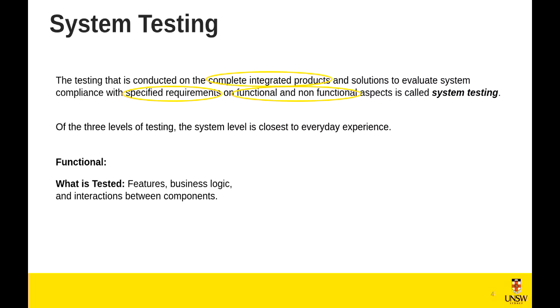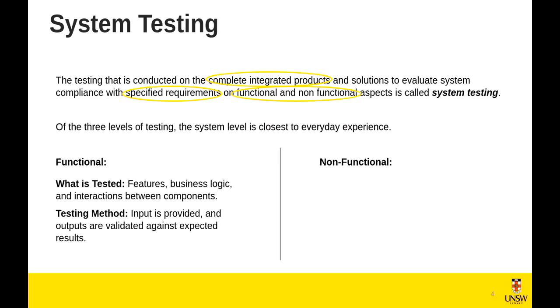For functional testing, normally what is tested is all the features of the target software, the business logic, and of course, the interactions between different individual components inside the system. The testing method is that we provide the input and we validate the output against expected results. This is normally what we do for functional testing, and we have learned that in Week 2.